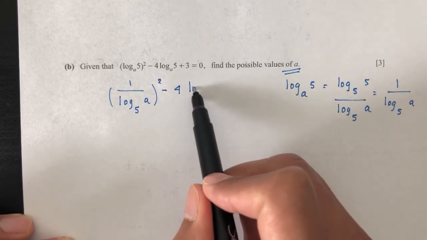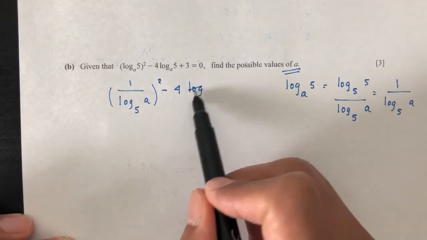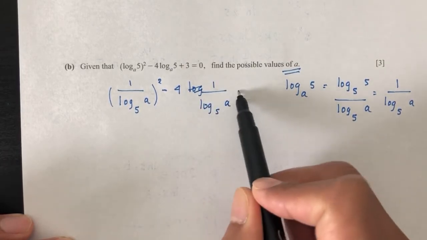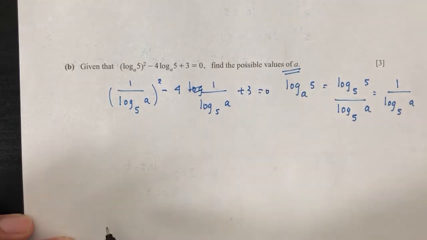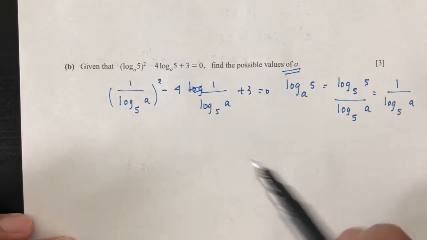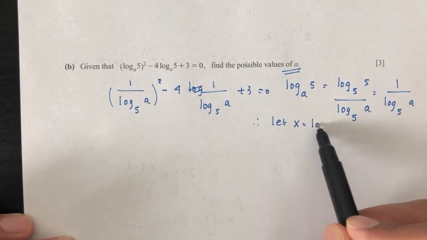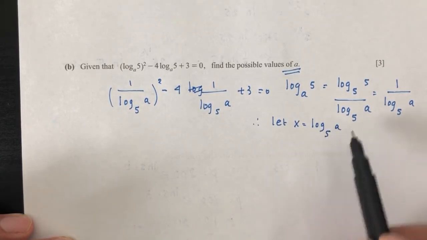Same thing. Log, that will be 1 over log 5 of a, plus 3 equal to 0. So now log 5 of a is kind of hard to know where it is. So let's just say let x equal to log 5 of a for now.